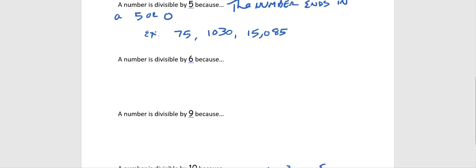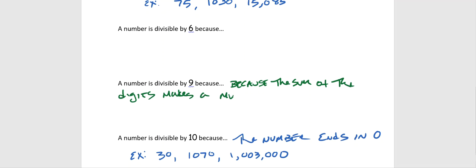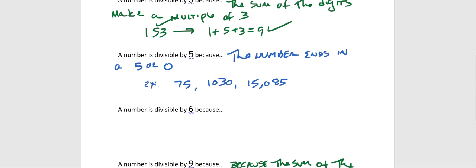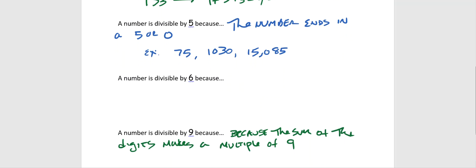Now I can take that same rule and apply it to the 9 with one minor adjustment. A number is divisible by 9 because, once again, we start with the sum of the digits, which makes a multiple of 9. Now, as it turns out, my example from above, when I added up, the sum made a multiple of 9, and conveniently I could use the same number, but I'll actually use a different one.